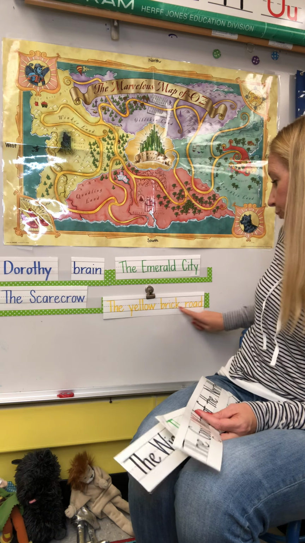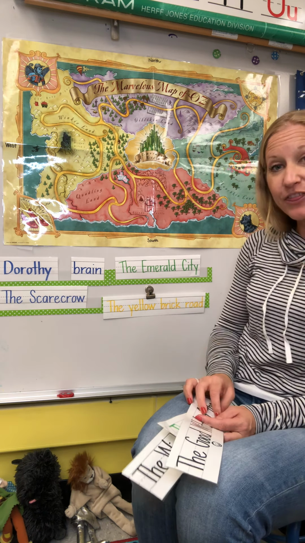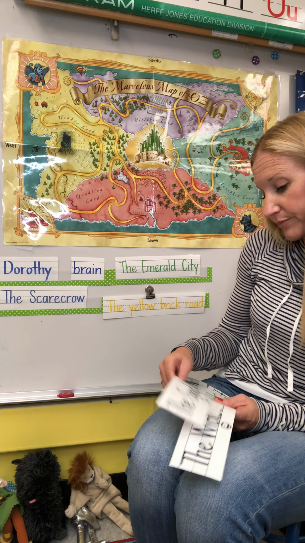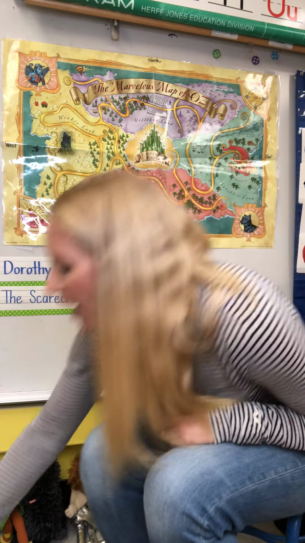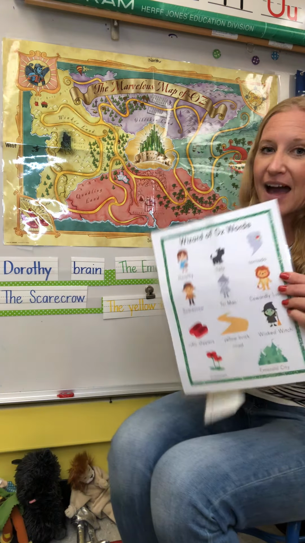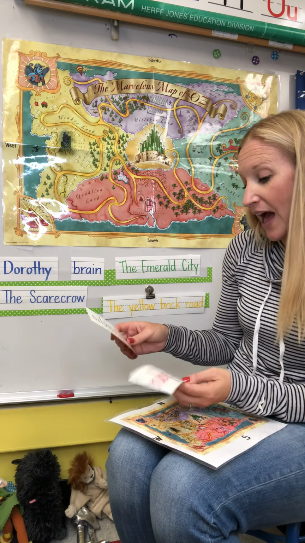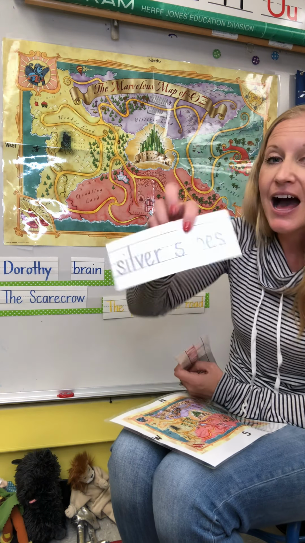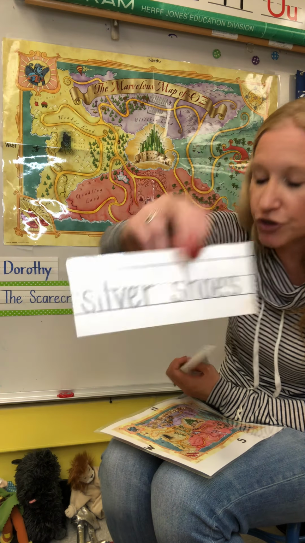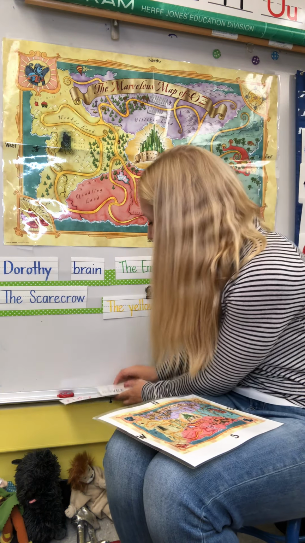So the yellow brick road is another word that you might want to add to your list of words. I'm also going to put up silver shoes, and I'll show you why in a minute.